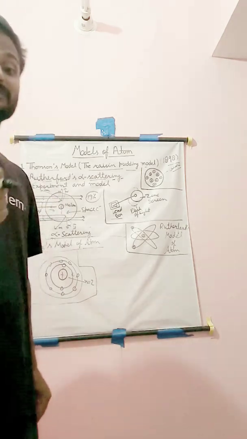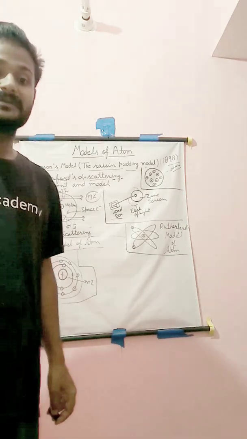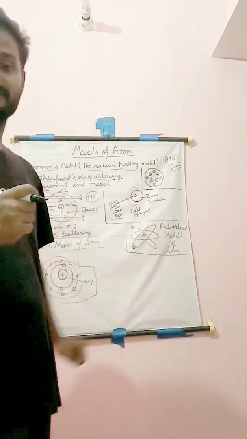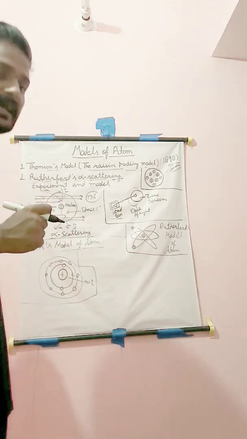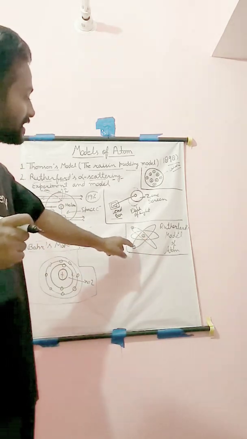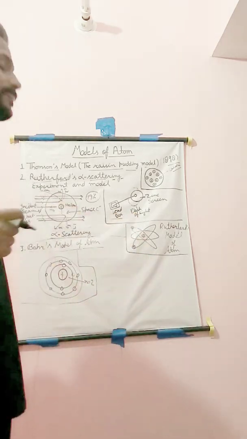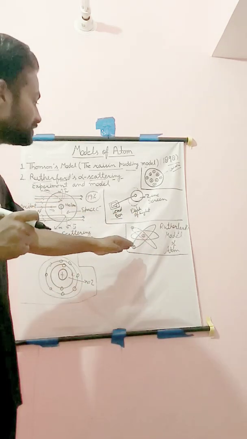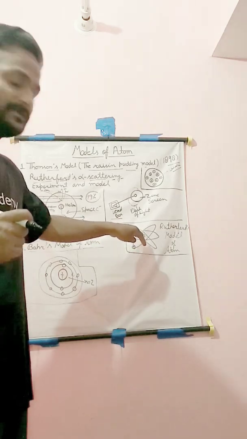This positive charge is located in the nucleus. This is the nucleus, he said, and electrons revolve around this nucleus.